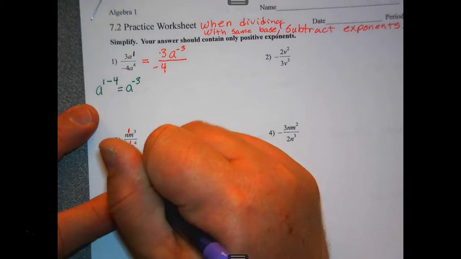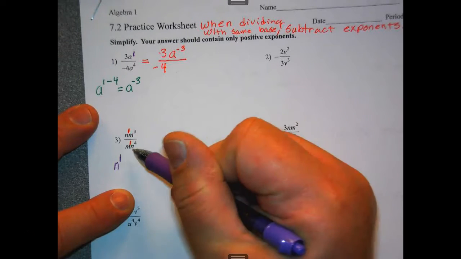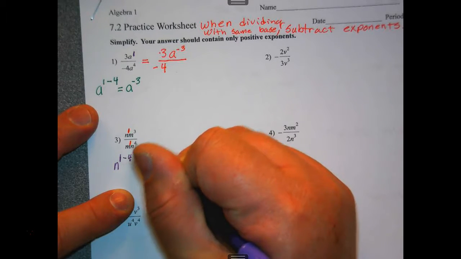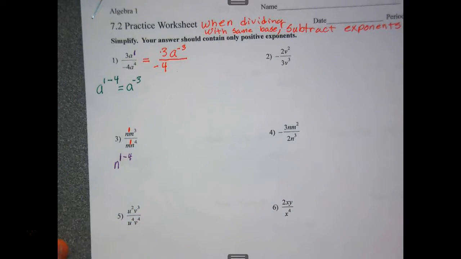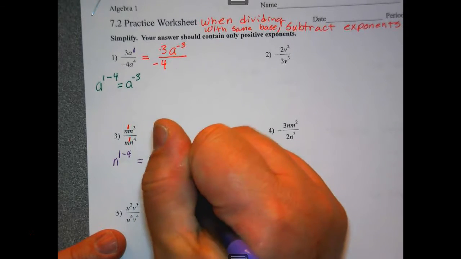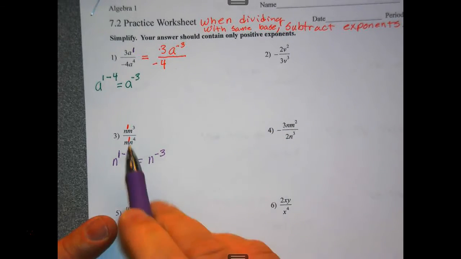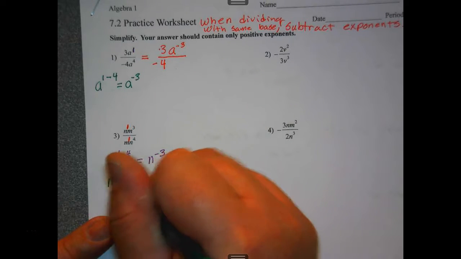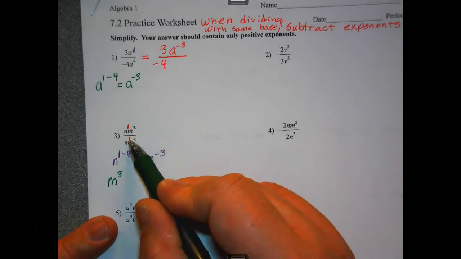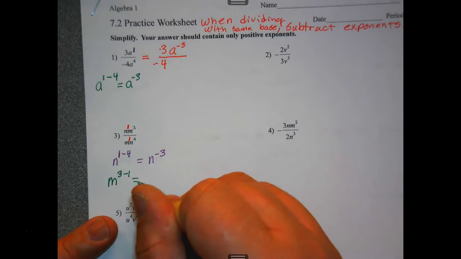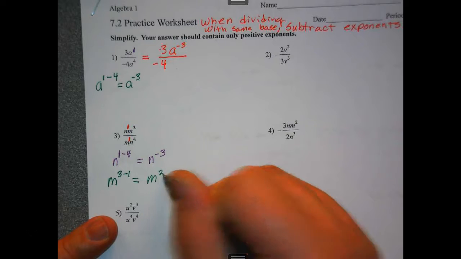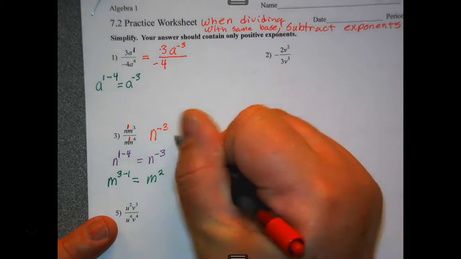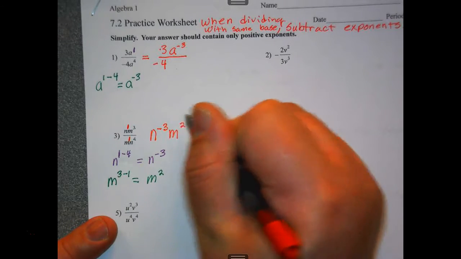So I have n to the first minus 4, because they're trying to trick you, they're switching things up here, which is n to the negative 3. And then I've got m to the 3, and I'm going to minus the 1. So that's m squared. So my answer here, n to the negative 3, m squared.